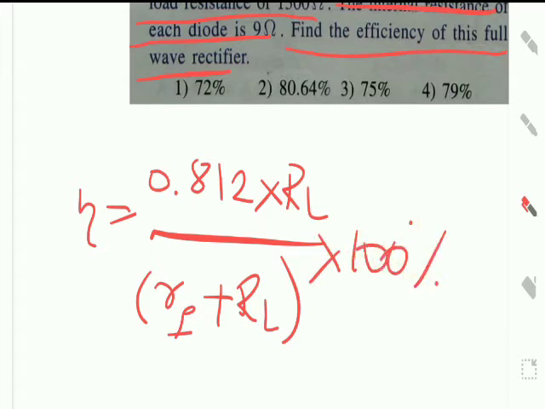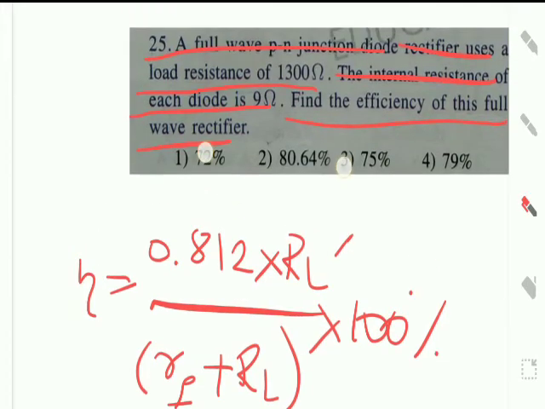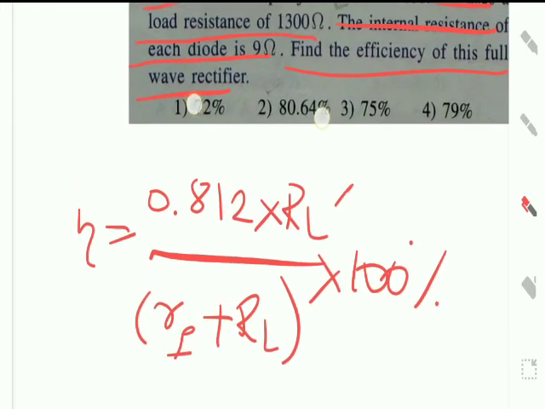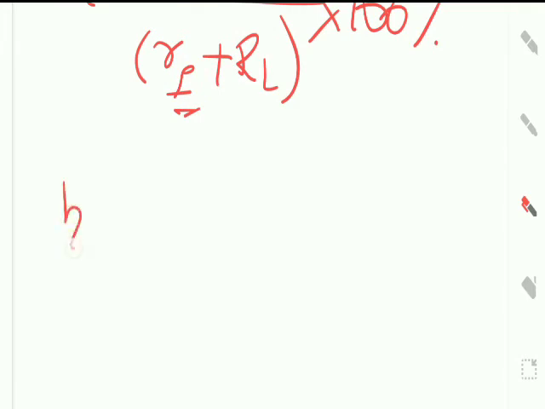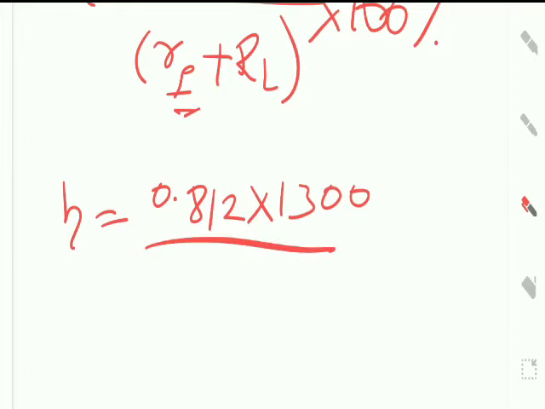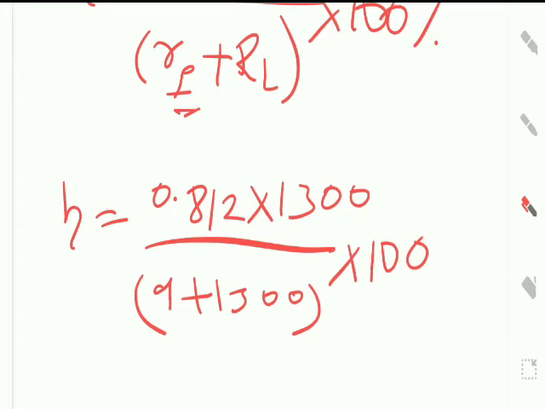This is efficiency percentage. Here RL is given as 1300 ohms and small r is 9 ohms, then η is equal to 0.812 into 1300 by 9 plus 1300, into 100.